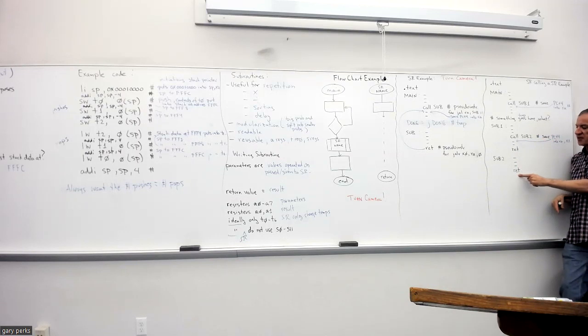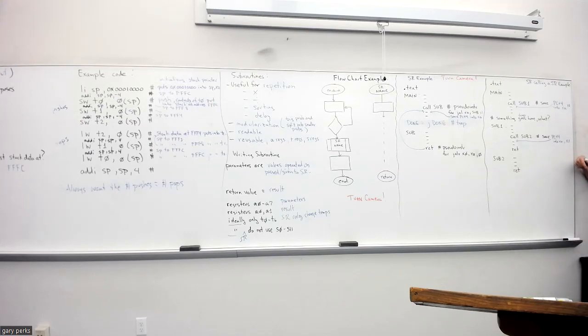So where's it going to go when it hits this return? What do we have in the return address at this point? What got stored in the return address register before this return?